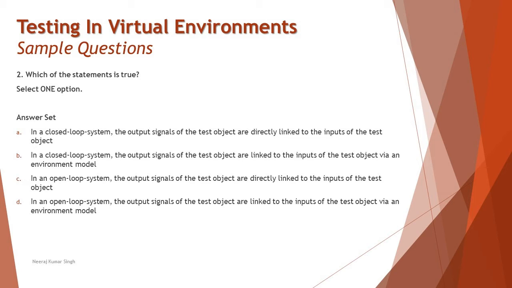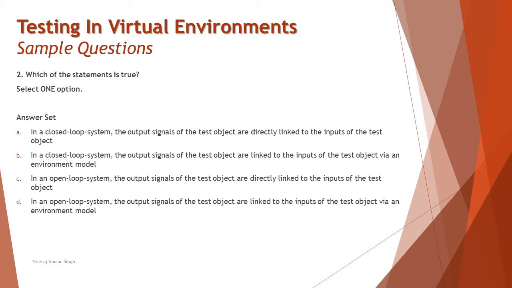So the first part is okay, but you have to concentrate on the entire statement. Don't misunderstand anything, because this is a very common trick which ISTQB makes use of. The definition they have provided is again the closed loop kind of thing, but here we are not having a straightforward answer for that.